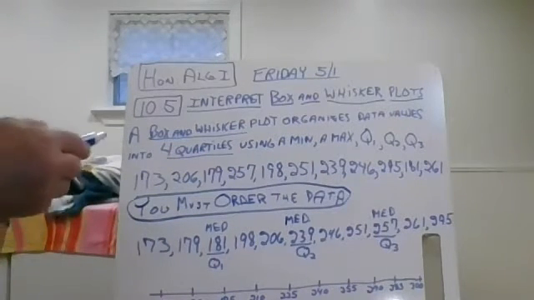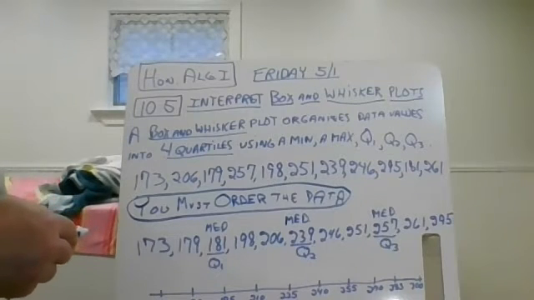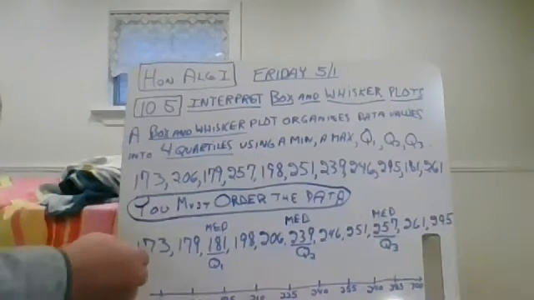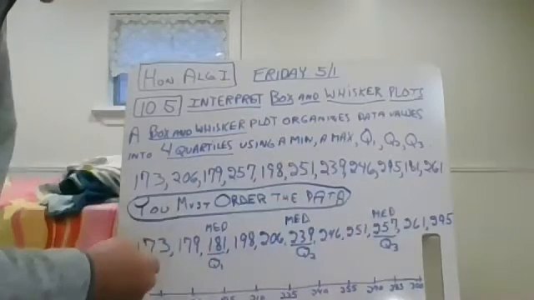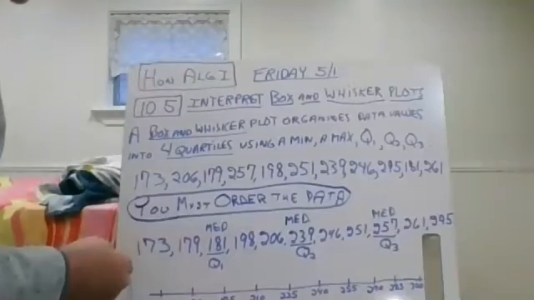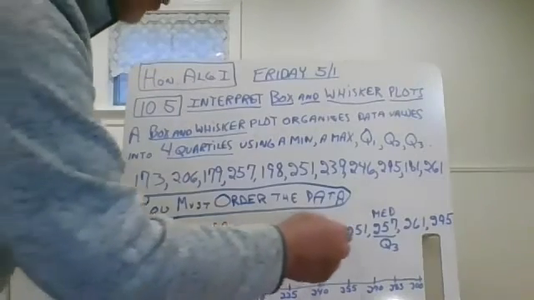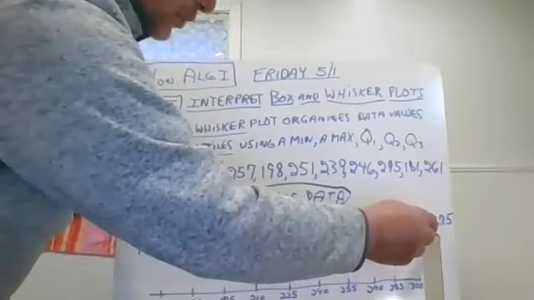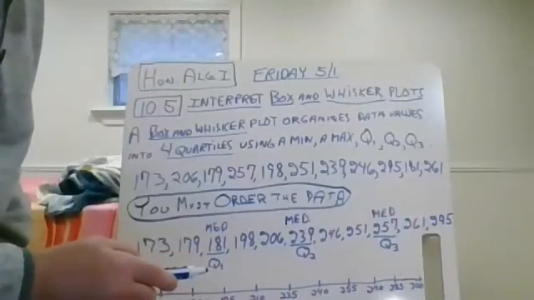Okay, so now the first thing we do is draw a number line that'll cover all your values. It doesn't have to start at 173. You can be to the left of 173, and you have to cover all these values, and you can be to the right of 295.